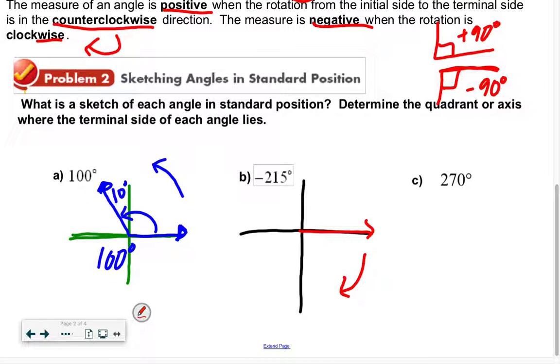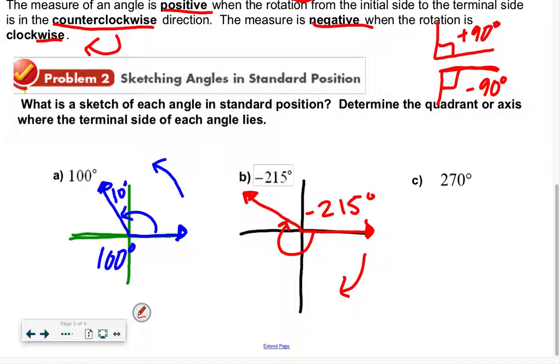This line would be what? 180. What's this line? 270. So I'm in between here and here, right? So kind of in the middle, kind of, sort of. Like I said, we are not exact whatsoever. Let's draw our arrow showing that we went negative. And I'm going to write negative 215.